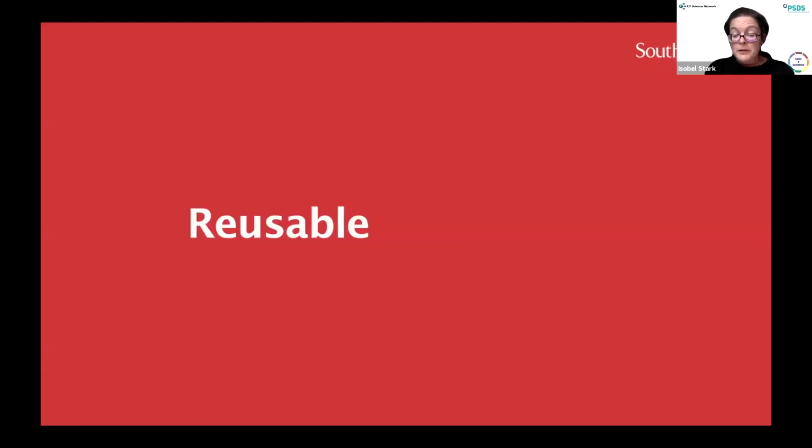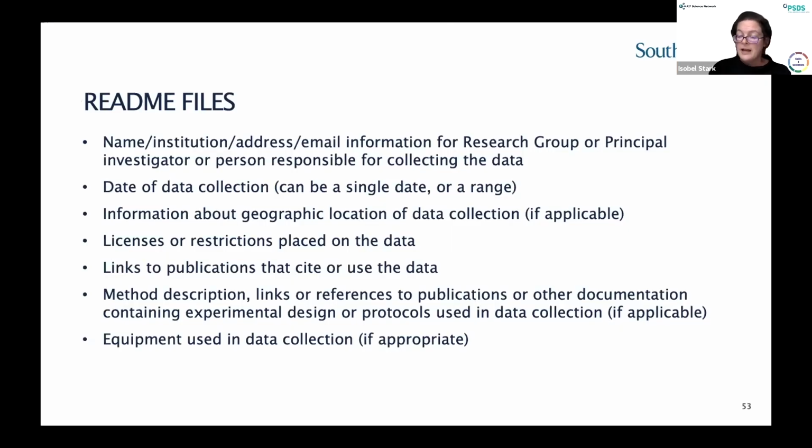And letting people know that your data is reusable. Obviously, have your README file, make it well cited, give the provenance of where this data has come from. So not just saying this is how you can understand the data, but what's the research group? Which institution is it? When was it collected? Where was it collected? May not be useful for some of your data, but for example, ecological data, very, very important.